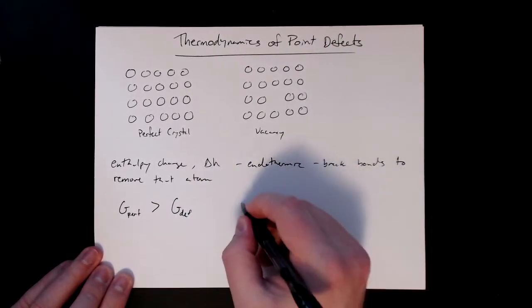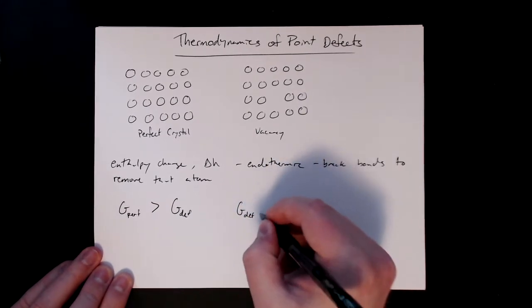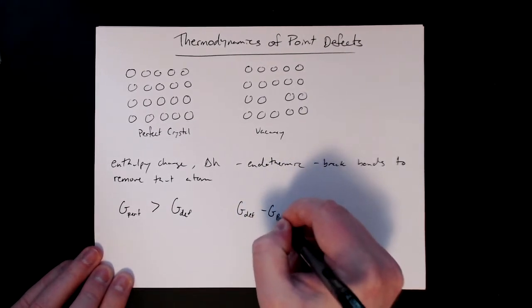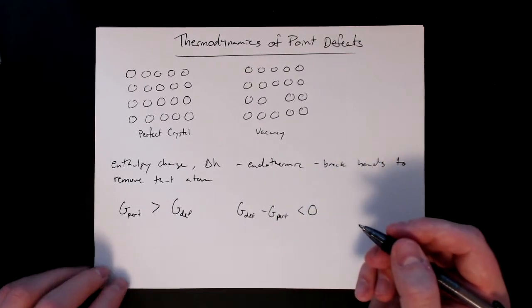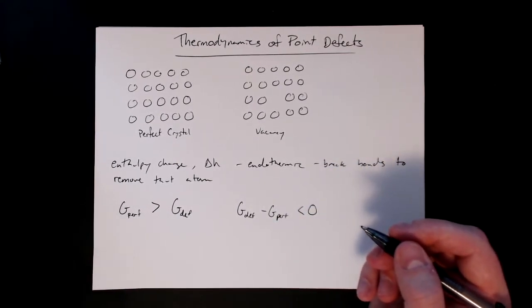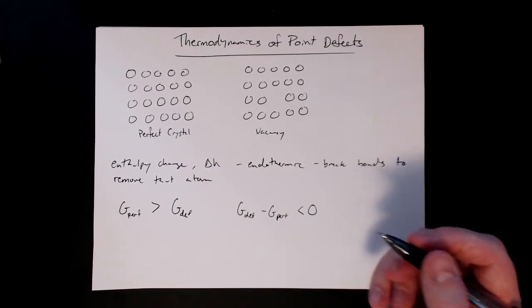And therefore, delta G, or G def minus G perf, would be less than 0. So that's the condition that we're expecting if the defective crystal is thermodynamically favorable.